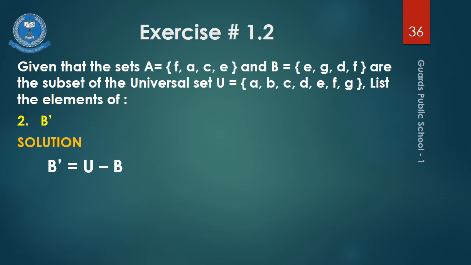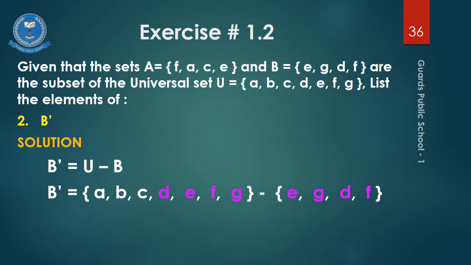Next step, B complement is equal to list all the members of the universal set minus all the members of set B. And whenever we find difference, we write members of the first set which are not present in the second set.